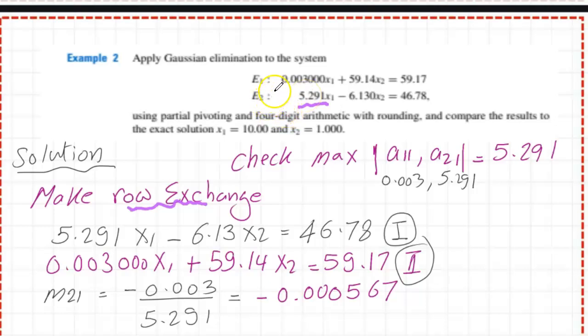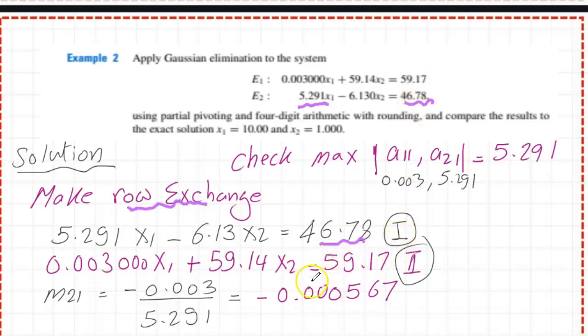The second equation becomes the first equation, and the first row moves to the second row. We rewrite the new equations as 5.291 x1 minus 6.13 x2 equals 46.78, and the second equation will be 0.003 x1 plus 59.14 multiplied by x2 equals 59.17.